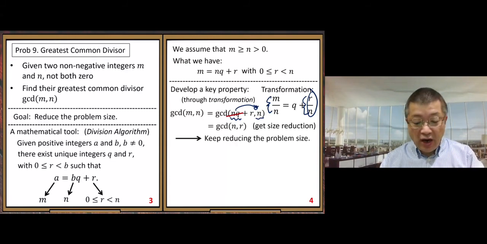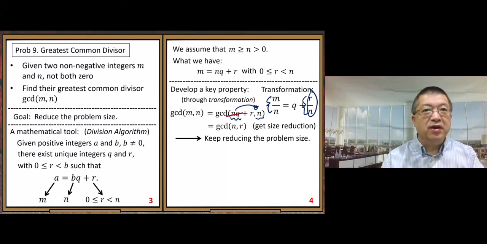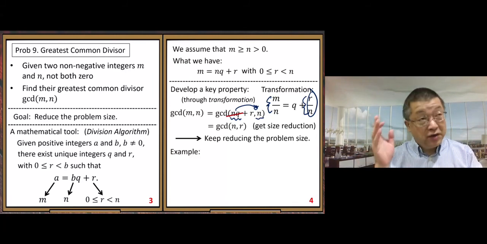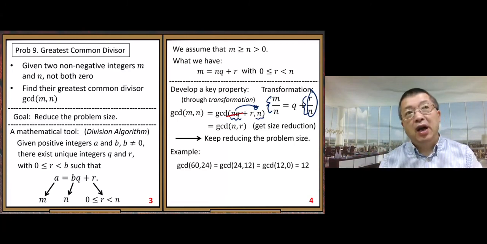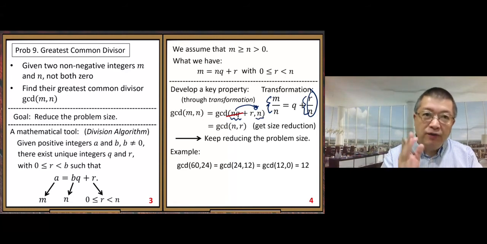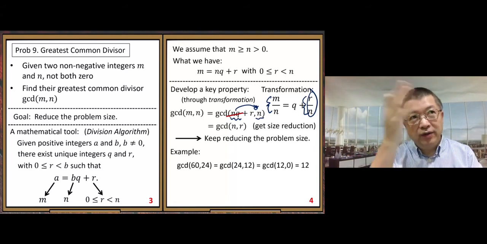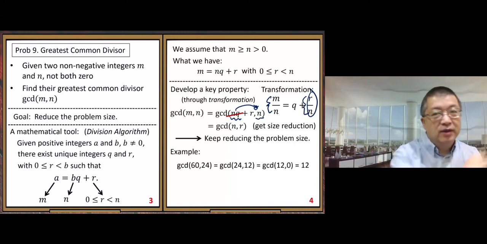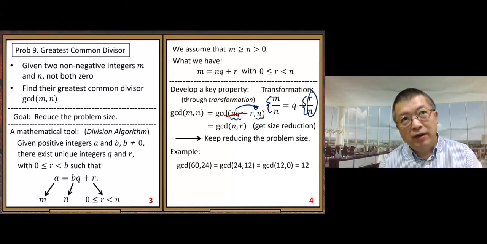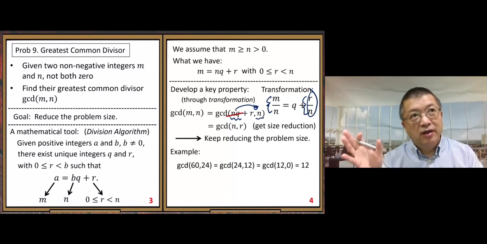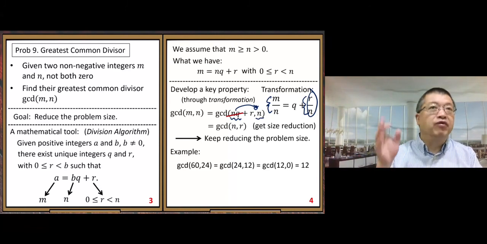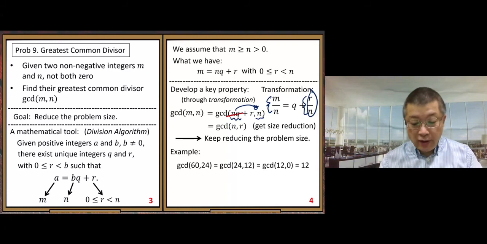So with this new method, using our previous example, we can do the calculation this way. GCD of 60 and 24 equals, remove the maximum multiple of the divisor from the first parameter, so we get the GCD of 24 and 12.